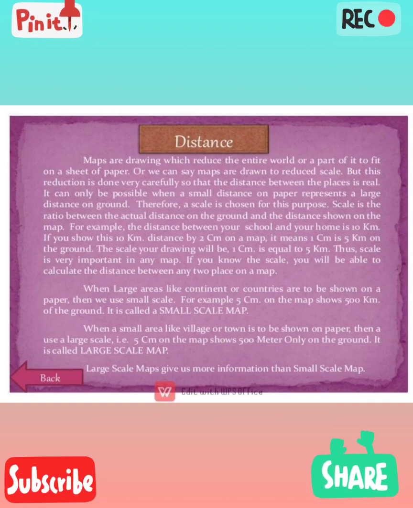For example, 5 cm on the map shows 500 km on the ground. It is known as a small scale map. On the other hand, 5 cm on the map shows 500 meters only on the ground. It is called a large scale map. And large scale maps give more information than small scale maps.